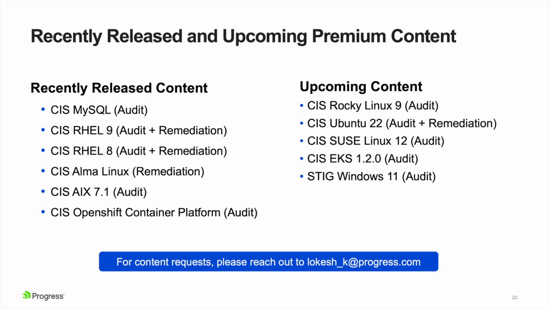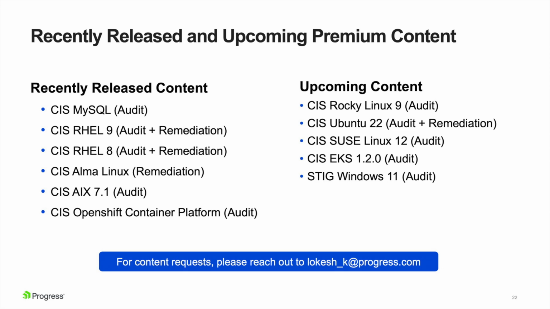Our premium content helps to do the frequent audits with our premium audit profiles, and it also helps to do continuous remediation with our premium remediation cookbooks, and also it helps in compliance automation via the compliance as code, policy as code approach.